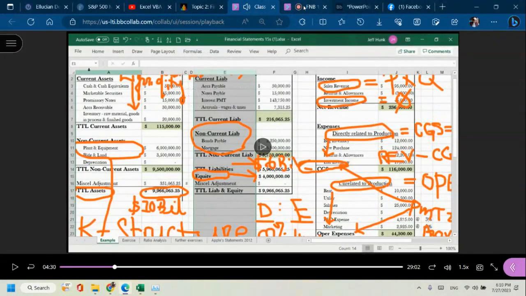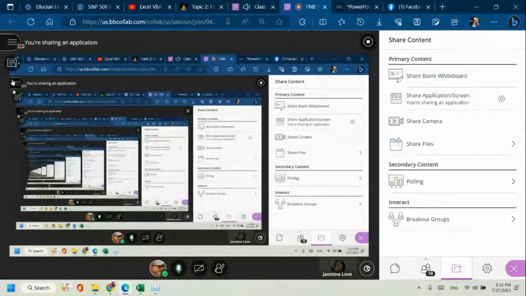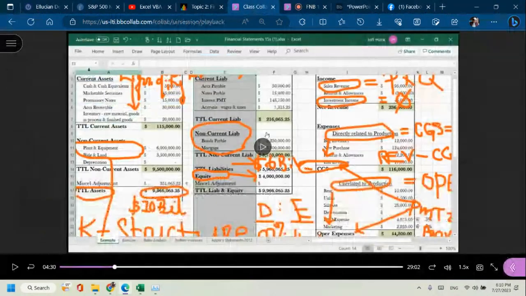Okay, let me pause it here for a while, and it looks like it's being recorded. Another explanation for equity being on the liability side is that equity is what the company owes to the owners.